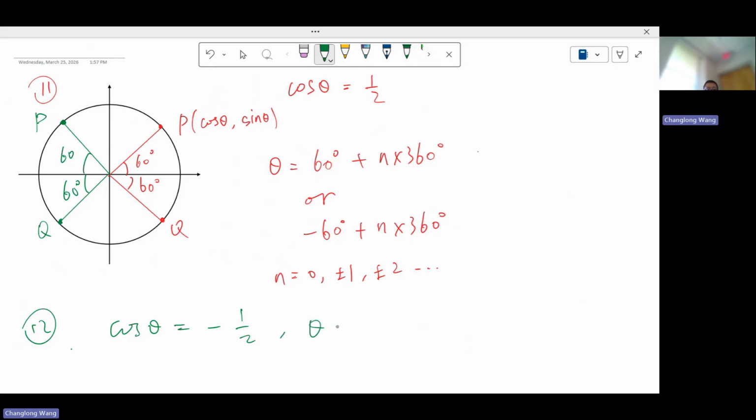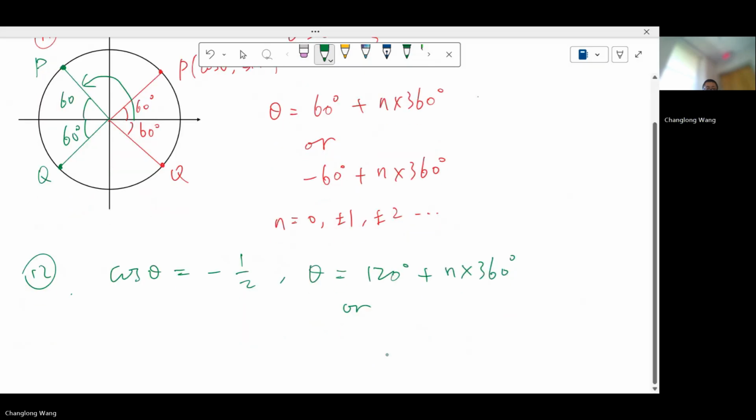And again, let's read off the angle theta. I believe the first angle is going to go from here to the P, so it'll be 120 degrees plus n times 360 degrees.